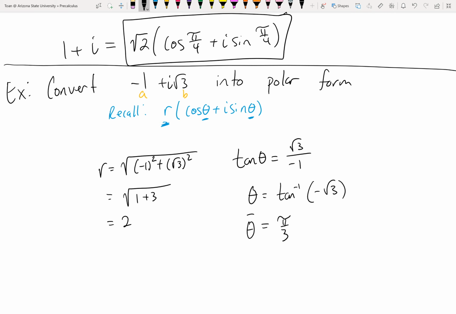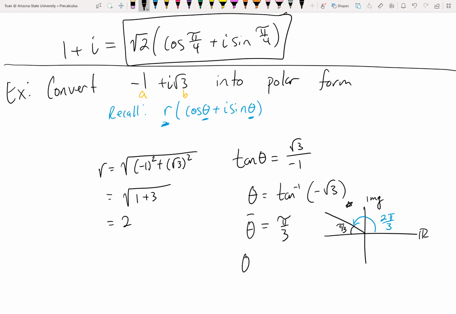But we have to be mindful of what quadrant we're in. Notice our original complex number is -1 plus i radical 3, so it's negative real, positive imaginary. If this is the real axis and this is the imaginary axis, what quadrant do you have negative real numbers and positive imaginary numbers? That's going to be the second quadrant. So my reference angle of pi thirds is going to be in the second quadrant, which means your actual angle is 2 pi thirds.